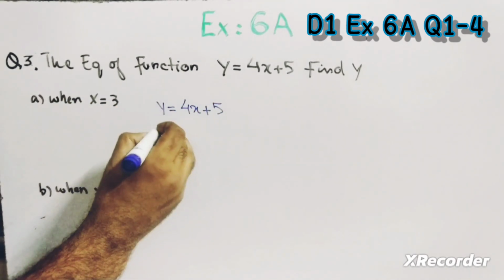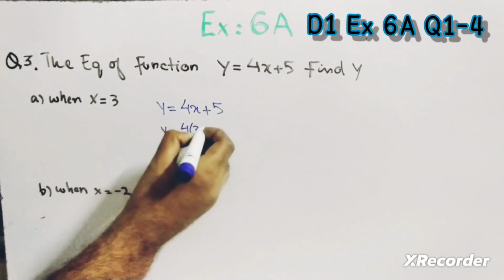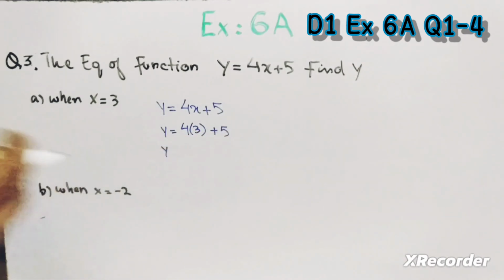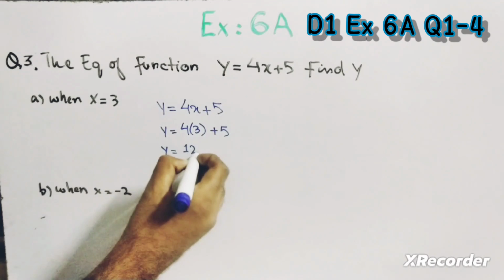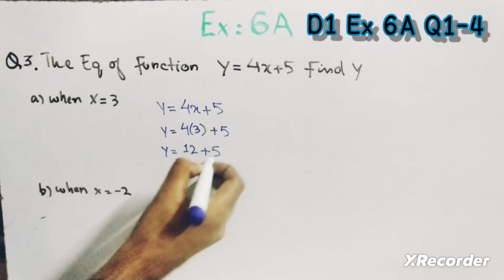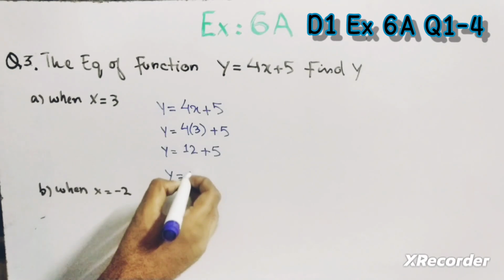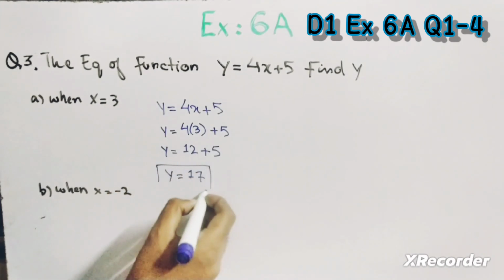So we can write it as y is equal to 4 times 3 plus 5. 4 times 3 is 12. 12 plus 5 is 17. So our answer for the first part is y is equal to 17.